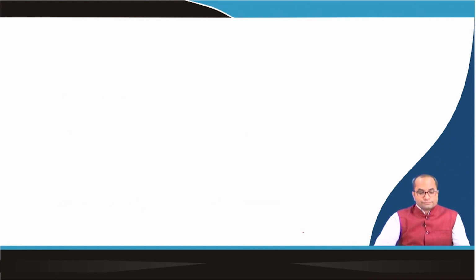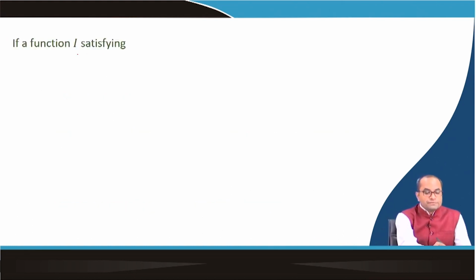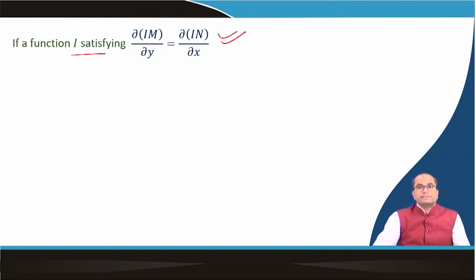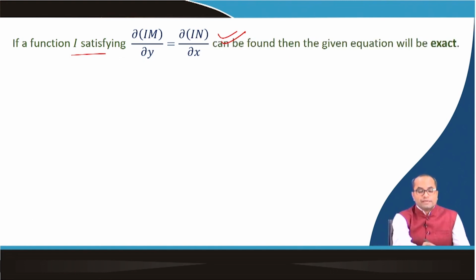So if a function I satisfies this differential equation, which is basically a partial differential equation, and if we can find such I, then the given equation will become exact.